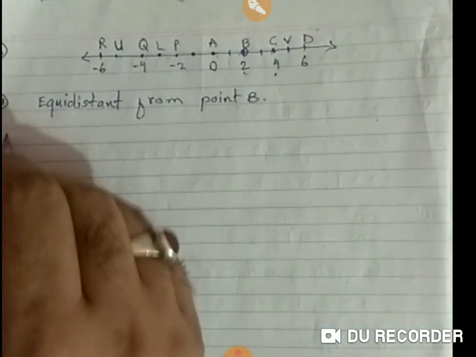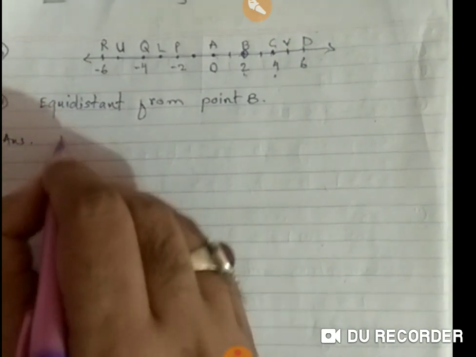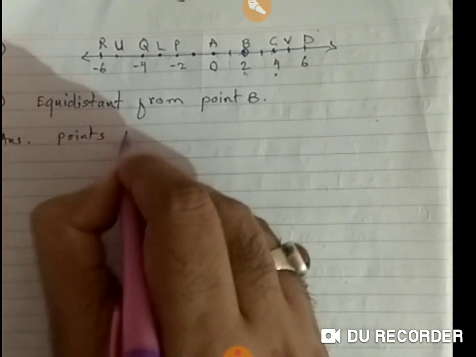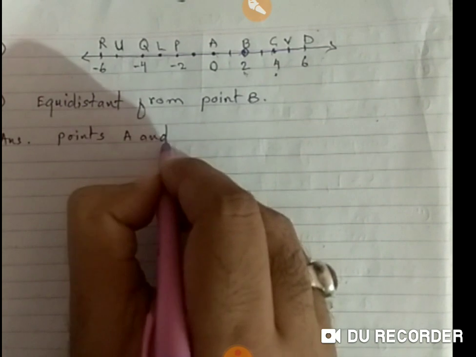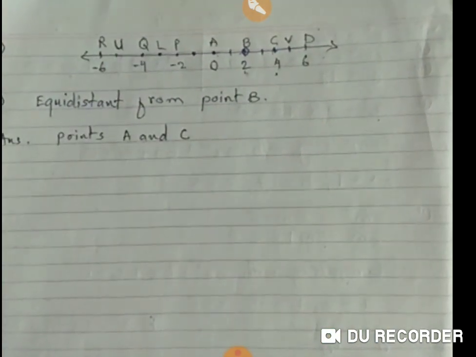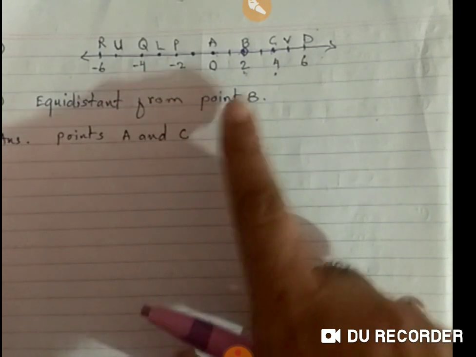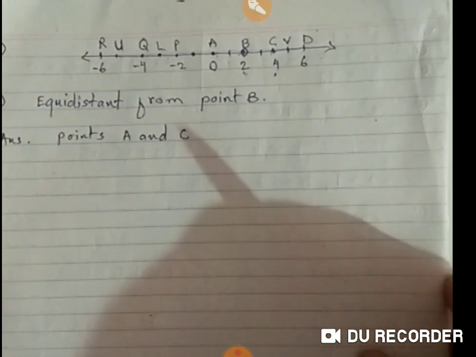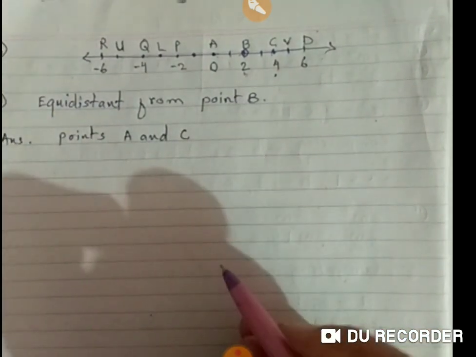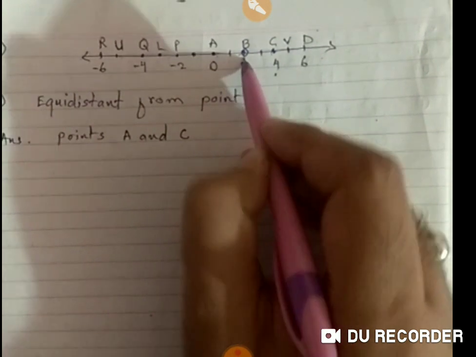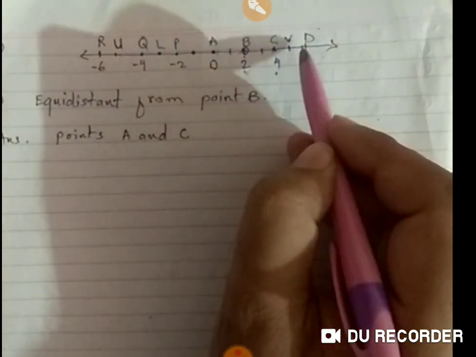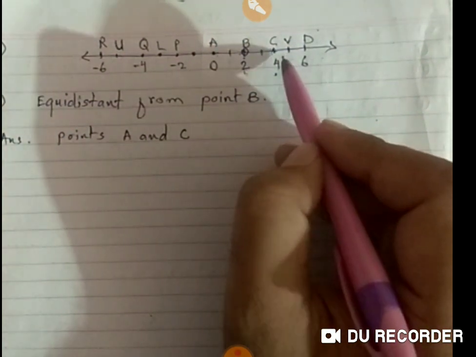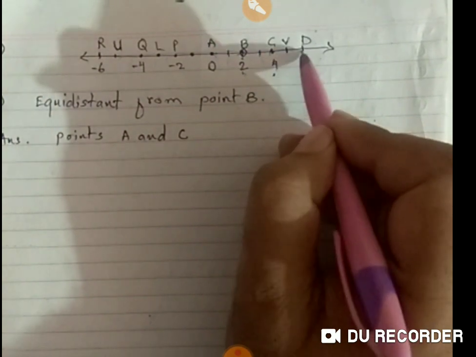So here you can write your answer like this: points A and C are equidistant from point B. Here we have some more equidistant points. This is your point B, and this is your point D, right?